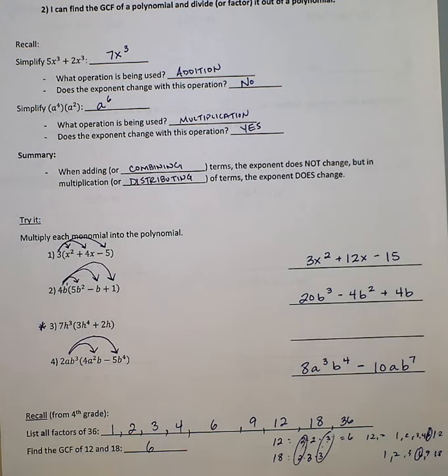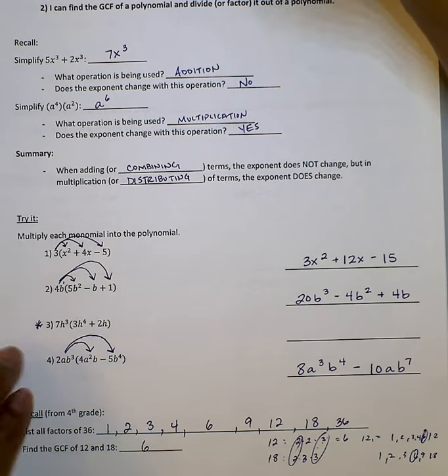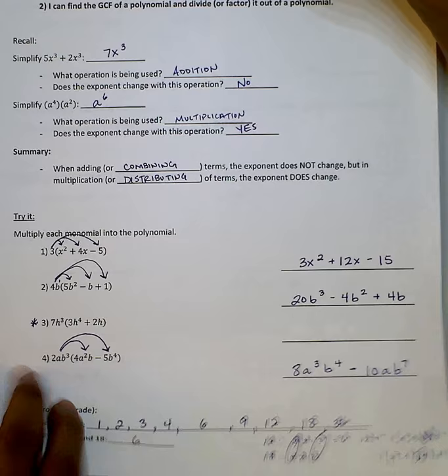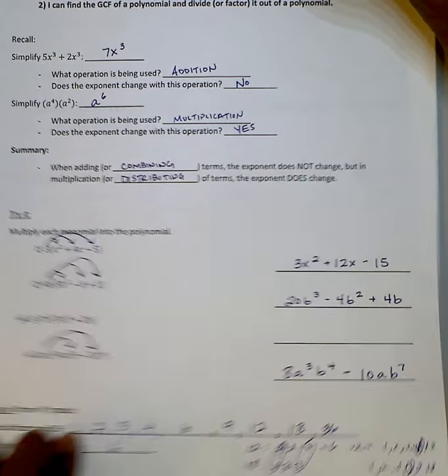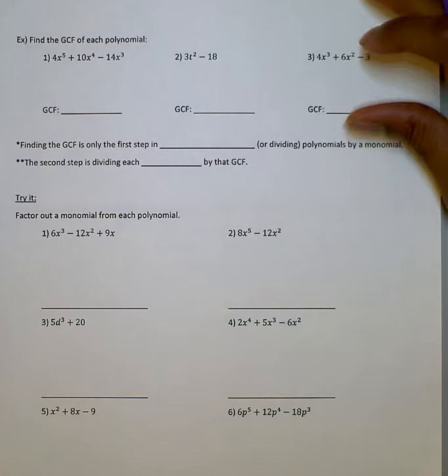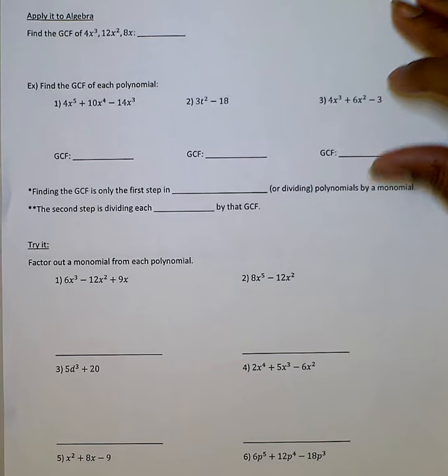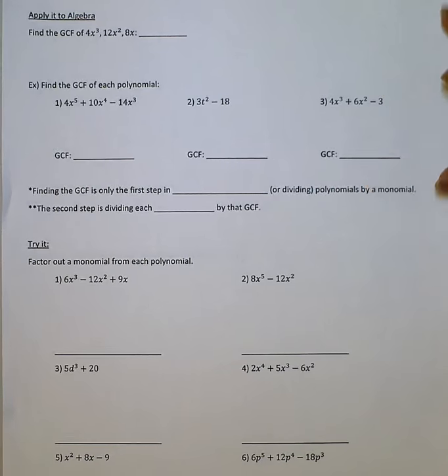The more you do it, though, the easier it is going to be for you to identify what the greatest common factor is. I don't expect that kind of work to find that. I'd hope that at some point you have acquired some number sense to just be able to go with that.